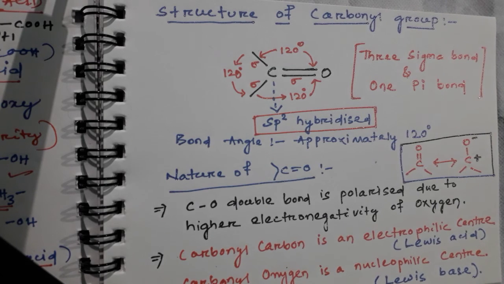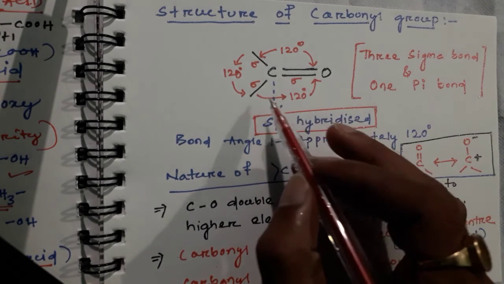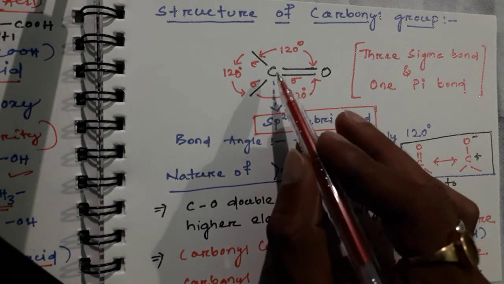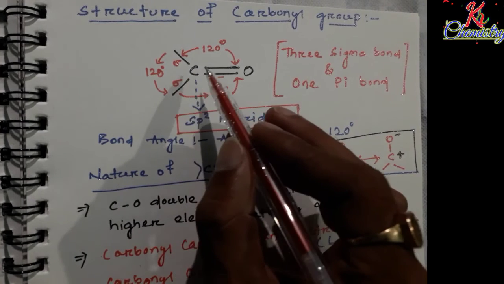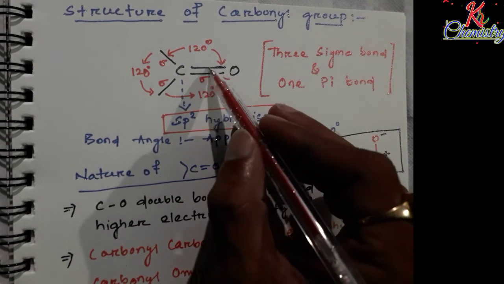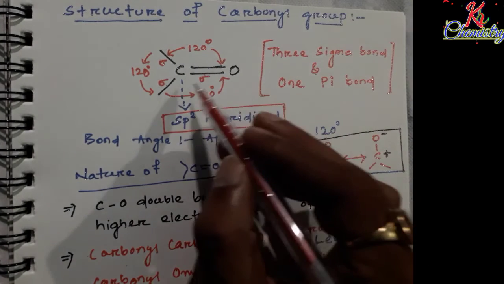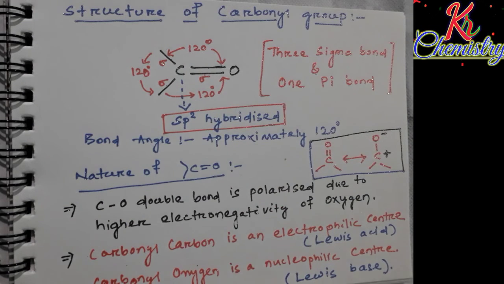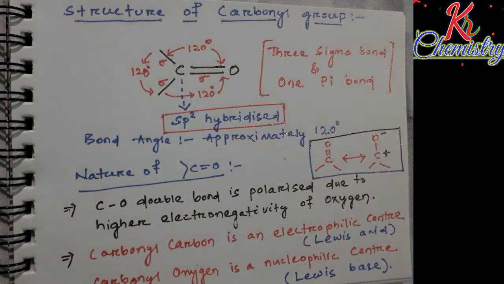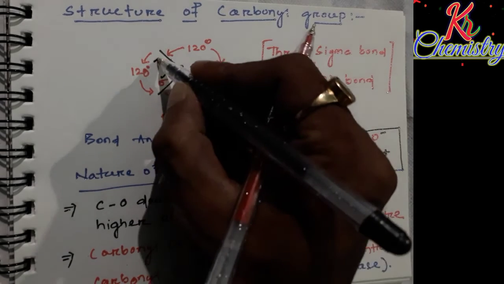Students, let's discuss the structure of a carbonyl group. See, I am creating a diagram of the carbon-oxygen double bond, and here the carbon is tetravalent. This is one bond, 2, 3, 4. 4 bonds are there, and in this structure there are 3 sigma bonds, as I have written in the structure. Here is 1 sigma bond, this is another, this is another.